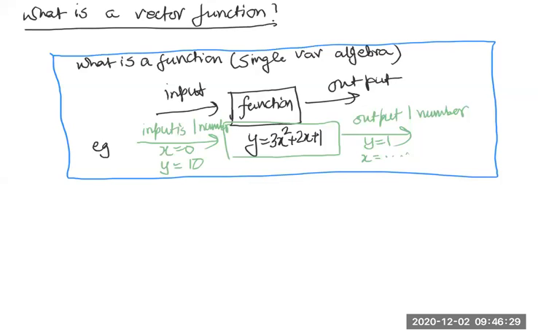So a function is essentially a mathematical object which has some structure, and it takes an input and gives you an output, and of course the output will depend on the structure of the function. Simple explanation.